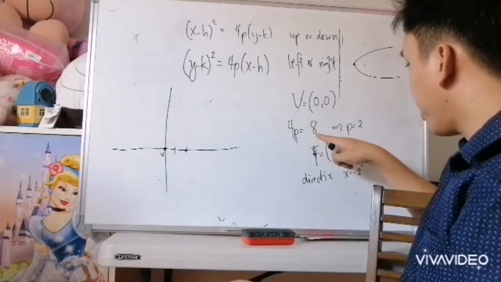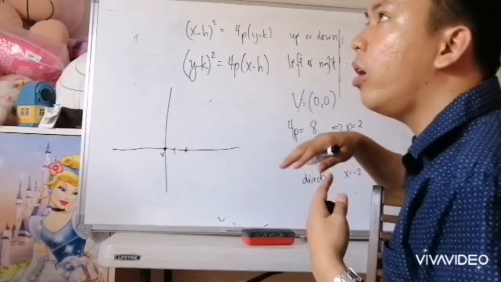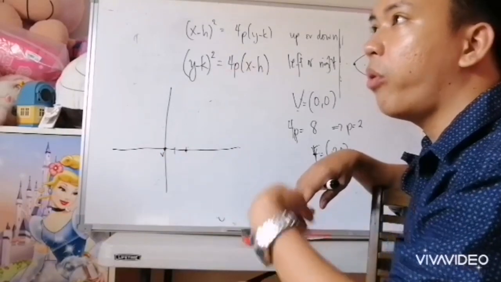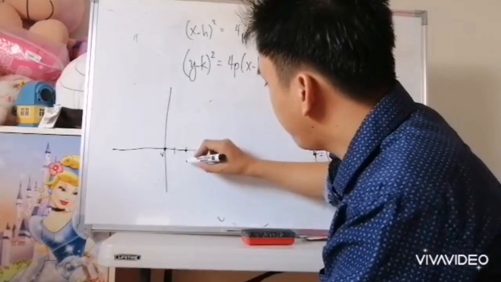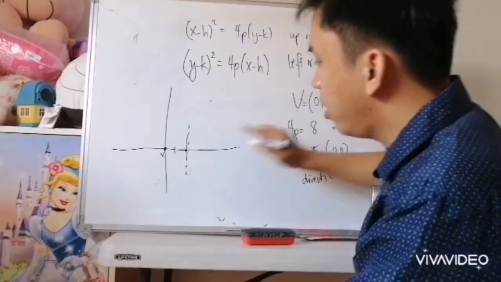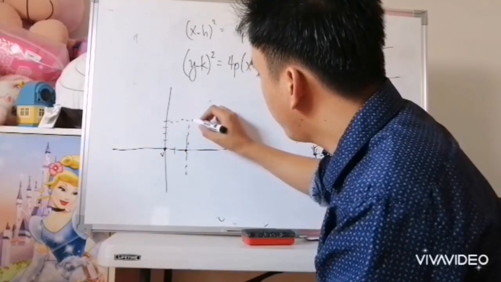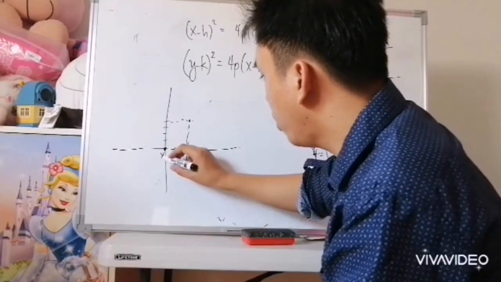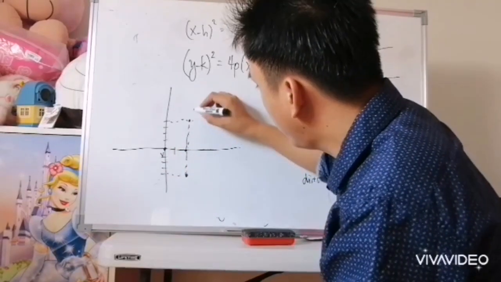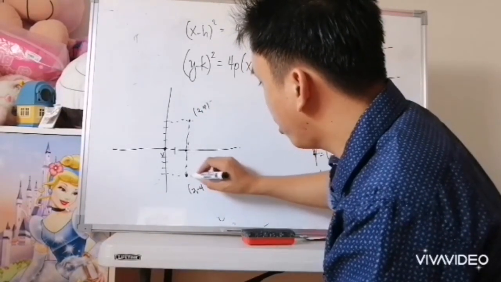Now the length of your latus rectum is 8, so 4 on one side and 4 on the other side of your latus rectum. So 4 here, 1, 2, 3, 4. So this is the endpoint of your latus rectum. 1, 2, 3, 4. So another endpoint of your latus rectum. So this is 2, 4 and 2, negative 4.